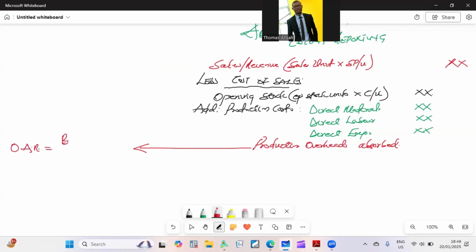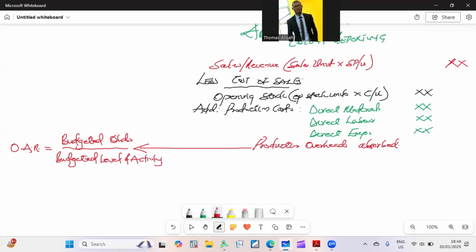The formula that you use to do overhead absorption rate, the OAR, is given by budgeted overheads, and you will have it in the question, over budgeted level of activity. And the budgeted level of activity can either be in terms of labor hours or production units.